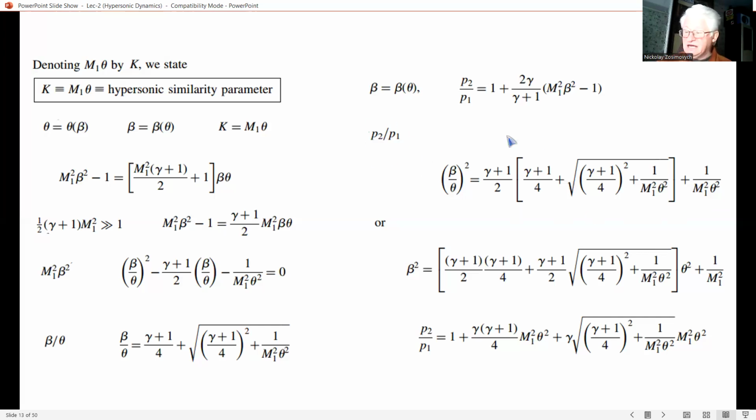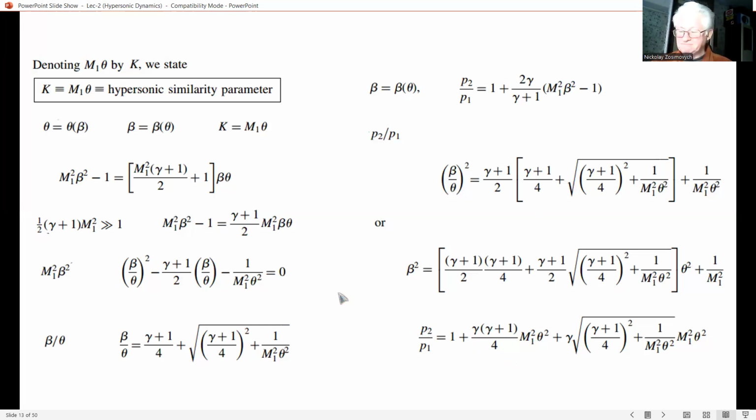Beta over theta squared gives us three components: gamma plus 1 over 2 in parentheses, and a third component, 1 over M1 squared theta squared. After substituting this expression into the previous one, we obtain this final expression at the bottom of the slide for P2 over P1.